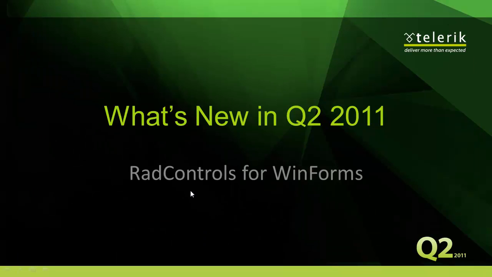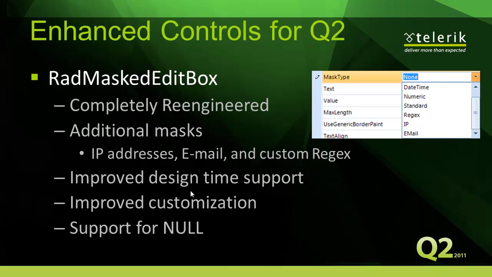All right, so the reason most of you are on this call is what's new in this quarter. What kind of awesome stuff are we bringing for you? Well, as always, we got to make the stuff we already have better. We can't just sit on our backsides and assume that everything is perfect.